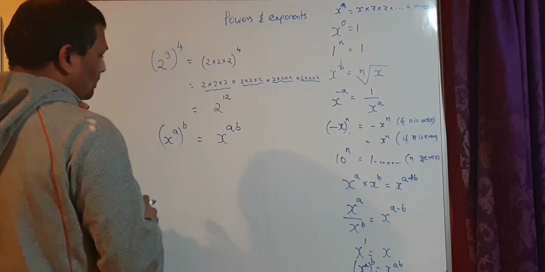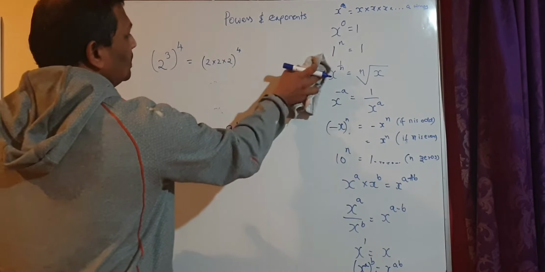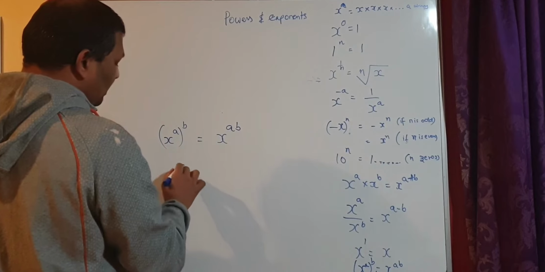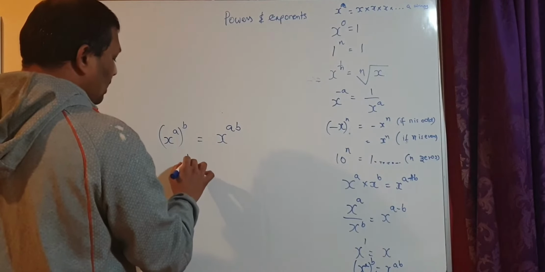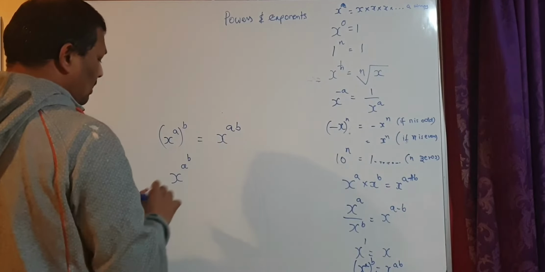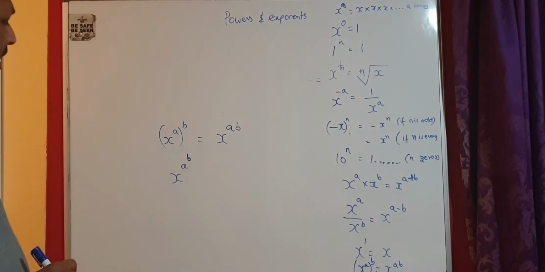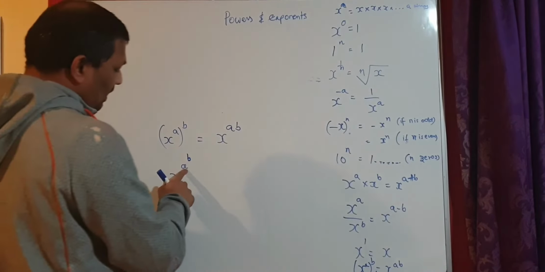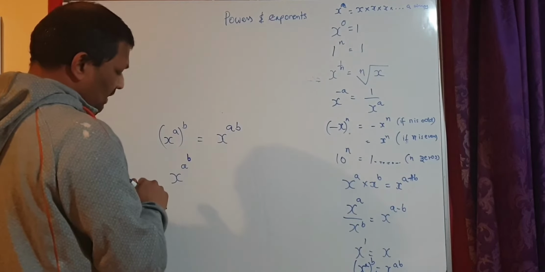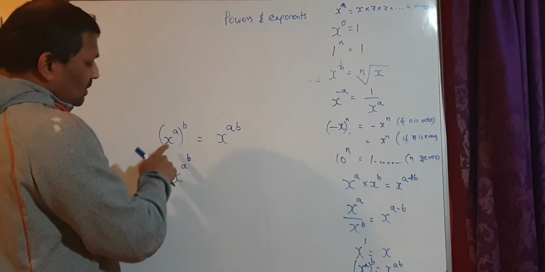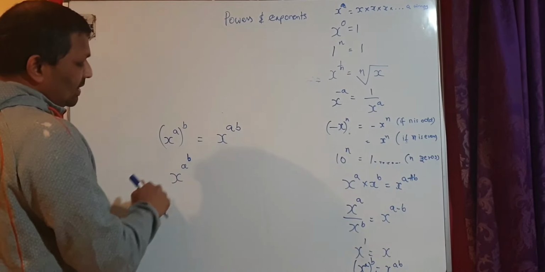So I'm going to write this one in a slightly different way. Okay. So what is the value of this one? x to the power of a power of b. So the only difference is here I put a bracket, here I did not put a bracket.